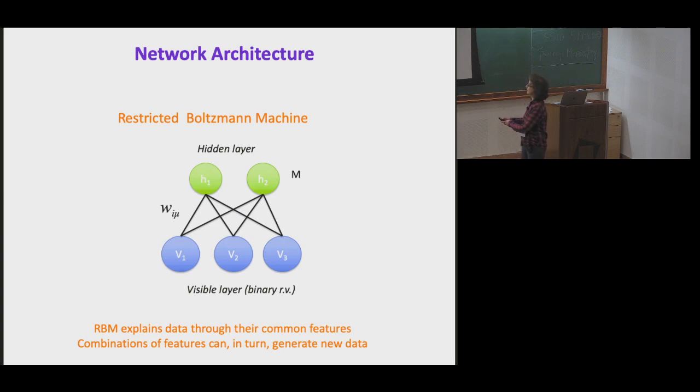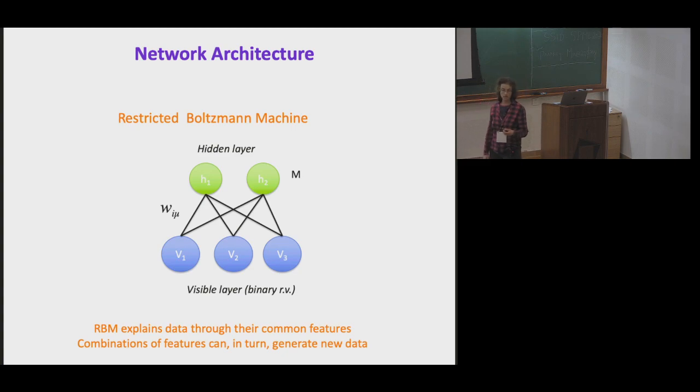For example, these are the n sites of your one-dimensional Ising model, or the n amino acids of your protein, and these are connected by a weights vector to a layer of variables called the hidden layer. So this is a very shallow network, in the sense that it has only one hidden layer. We started to analyze this architecture because it's simple, and to try to understand the meaning of these weights vectors.